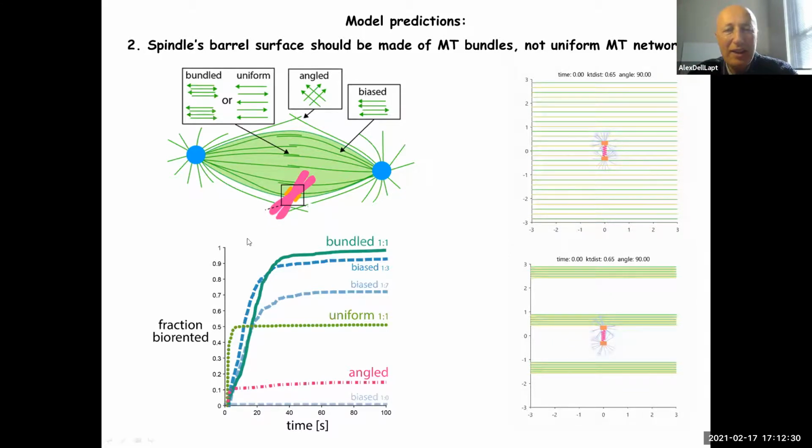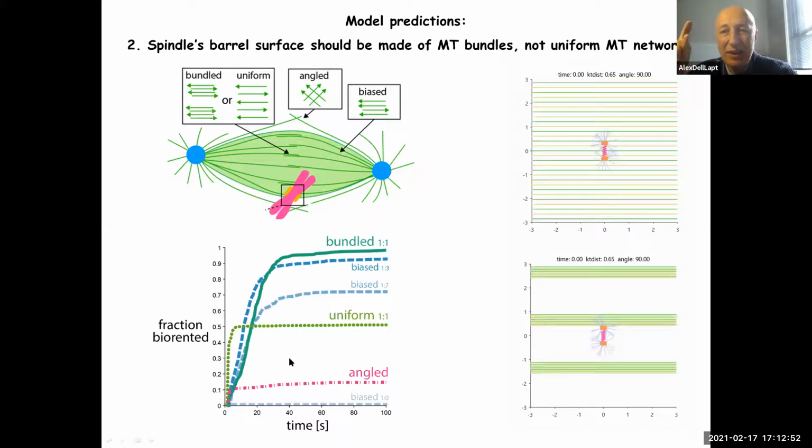Now, these are the results of these stochastic simulations, which show a fraction of bioriented chromosomes growing as a function of time. And you see when they move on parallel bundles, 100% of the chromosomes got bioriented, and they got bioriented over about 40 seconds.